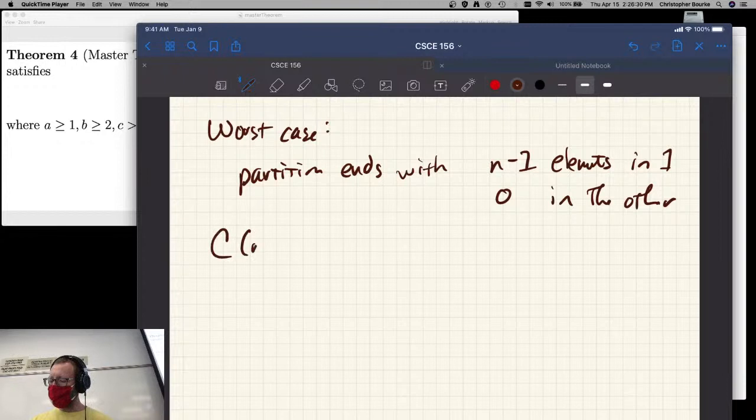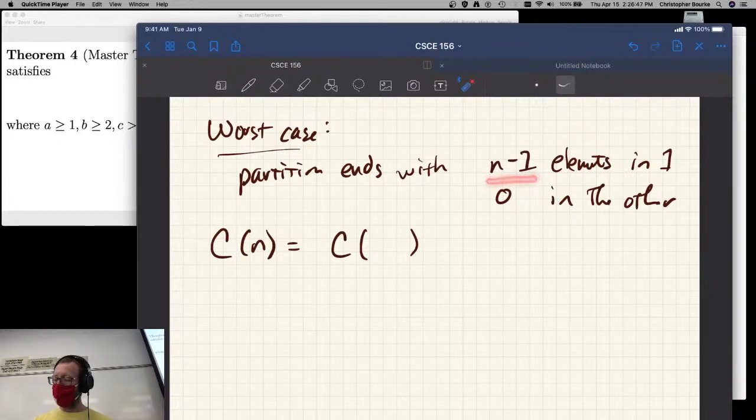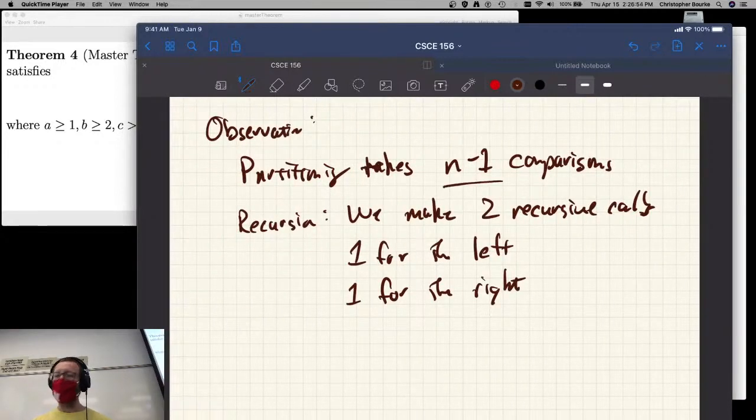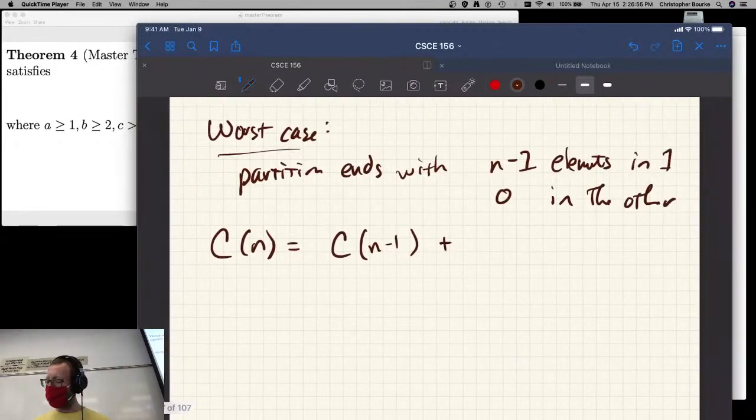If I set up C sub n to be the number of comparisons made by quicksort in this worst case scenario, then I have 1 recursive call on an input size of n minus 1 elements, plus n minus 1 comparisons.